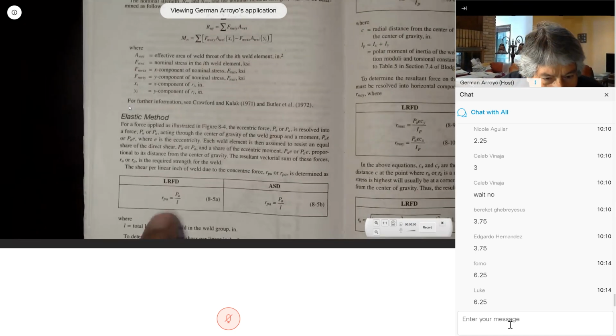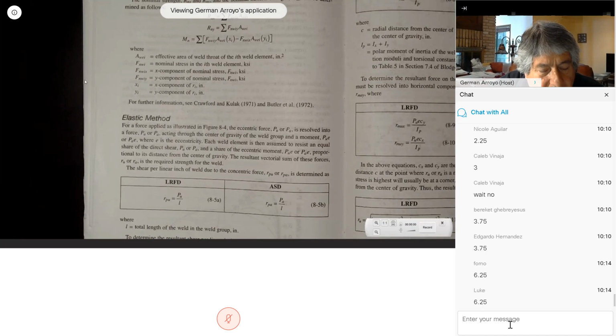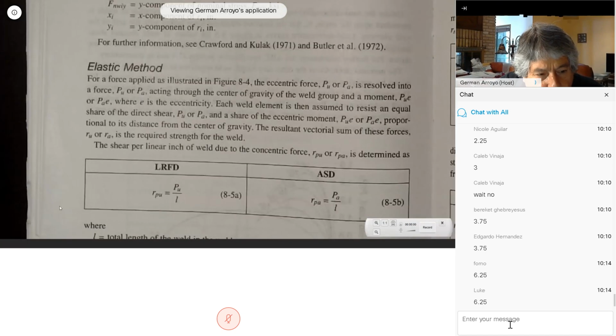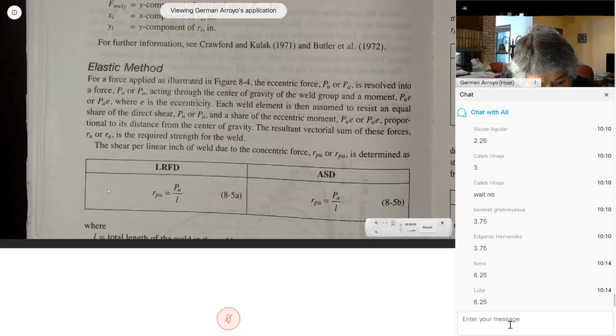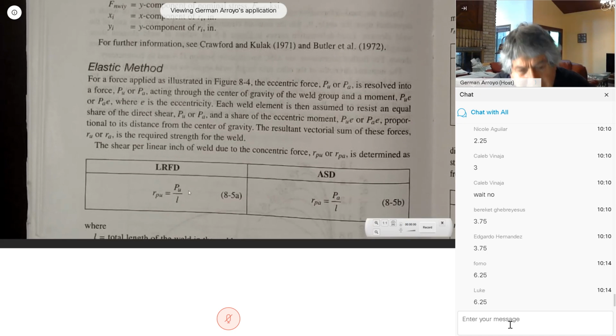In here, I want you to put, instead of this, Rx is equal to Px over L, and Ry is Py over L. So I want you to write in here what I'm going to do right now. This is the direct shear: the force divided by the total length of the weld.